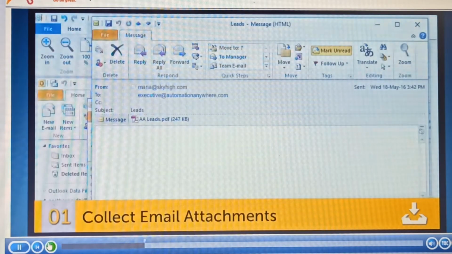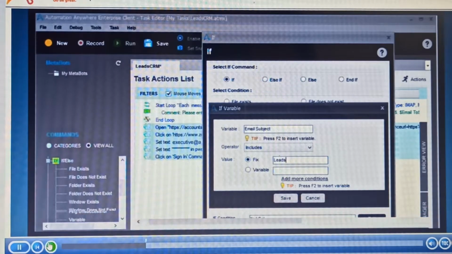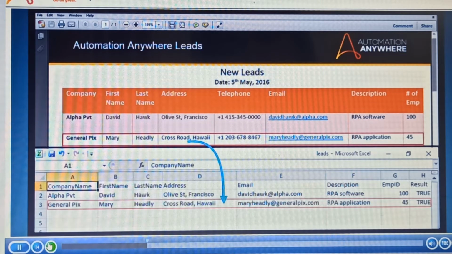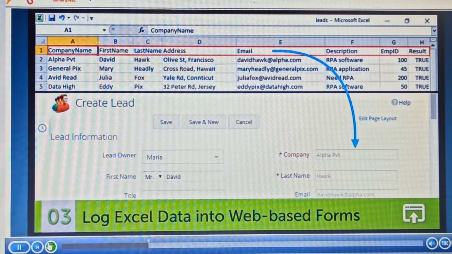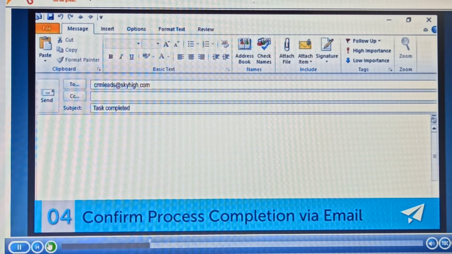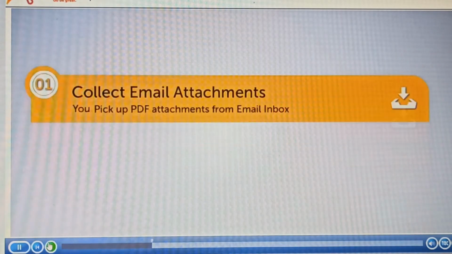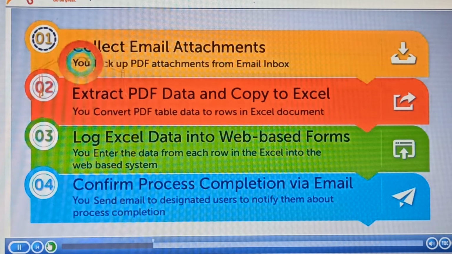We instruct the bot to do each of these activities. And then deploy. Now sit back and watch the bot relieve you from the drudgery.